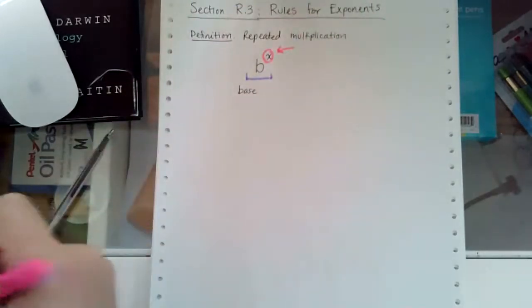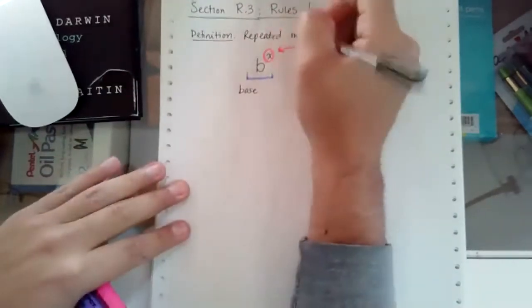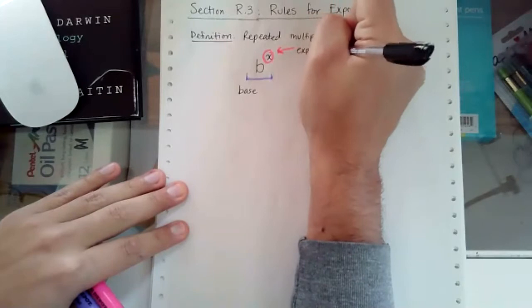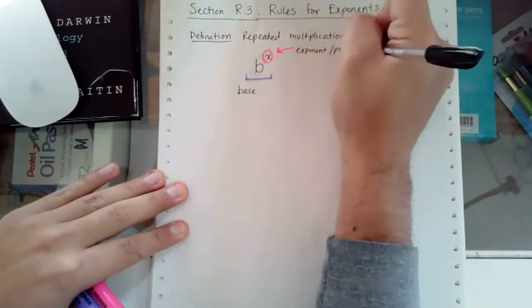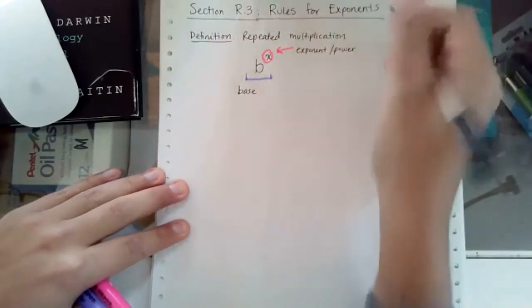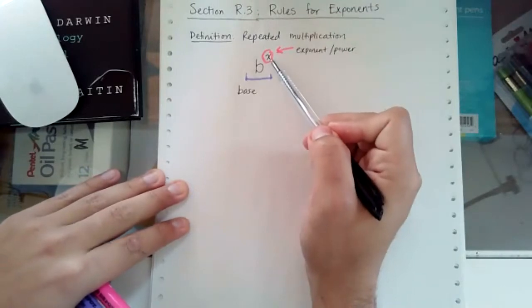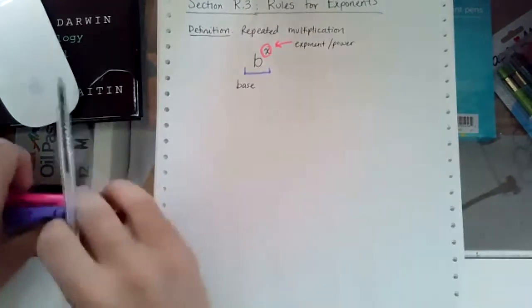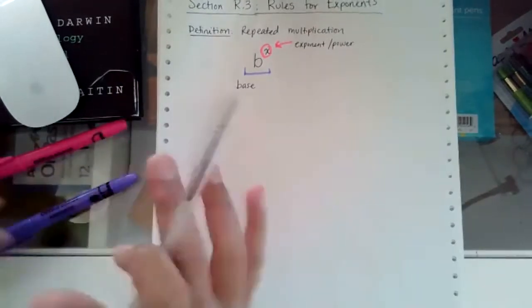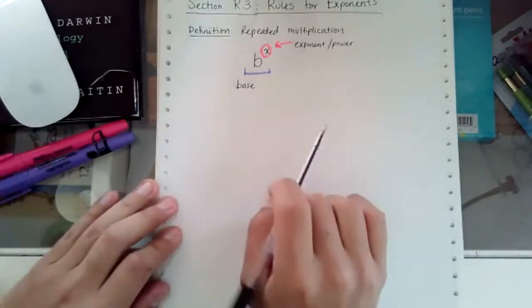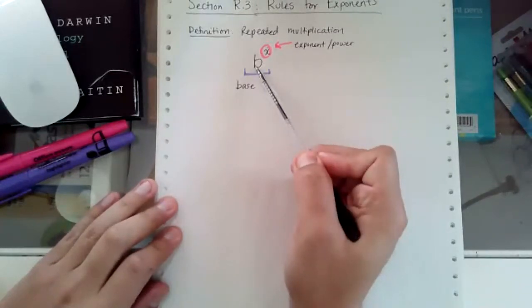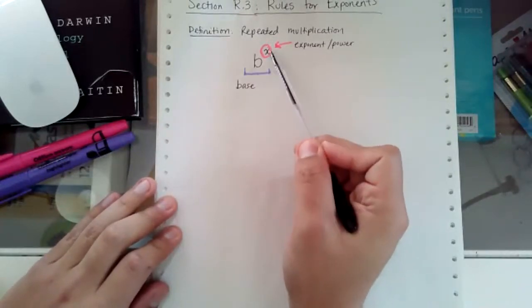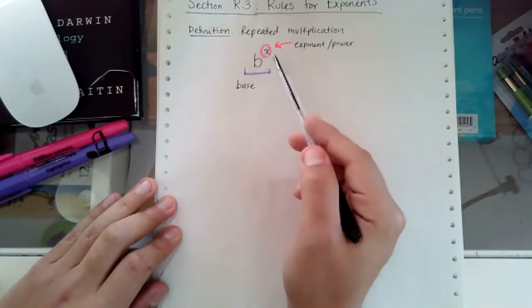And we refer to this as either the exponent or the power. In other countries like Britain, they refer to this as the index. And that makes a lot of sense for something we'll learn later on. But in any case, we traditionally refer to it as either the exponent or the power. This is b, whatever the base is, raised to the power of x.